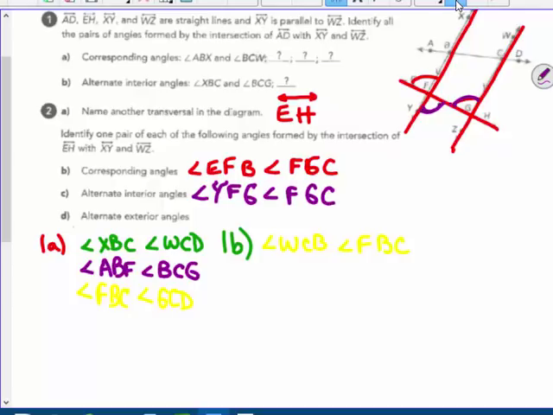So this pair is alternate interior. And then alternate exterior, EFB, this one again, angle EFB, and angle, it would have to be this one, ZGH.